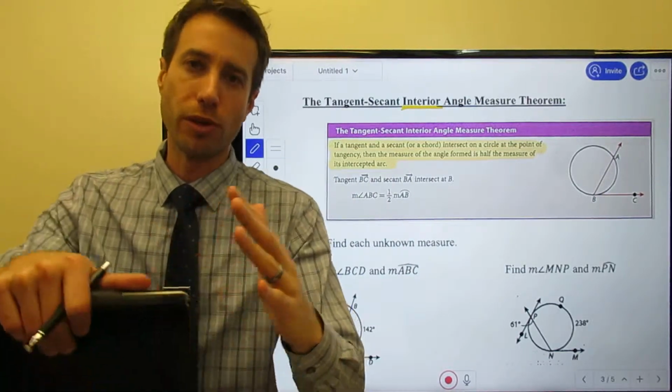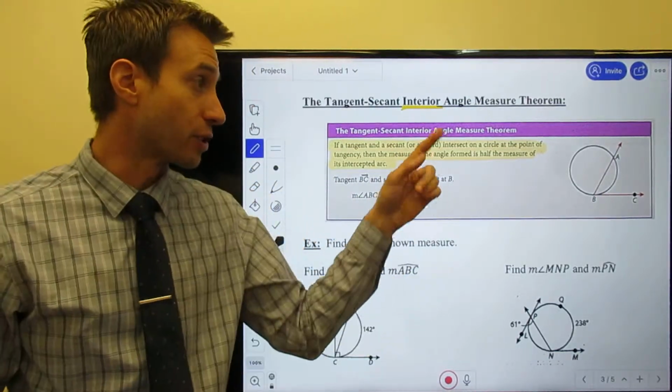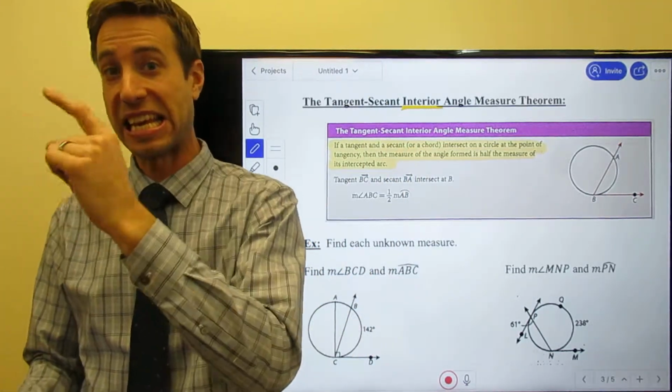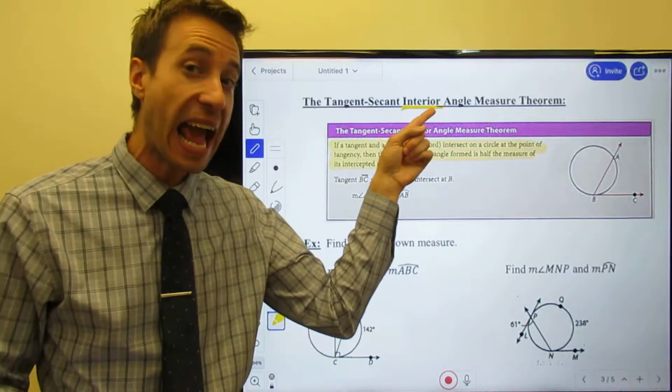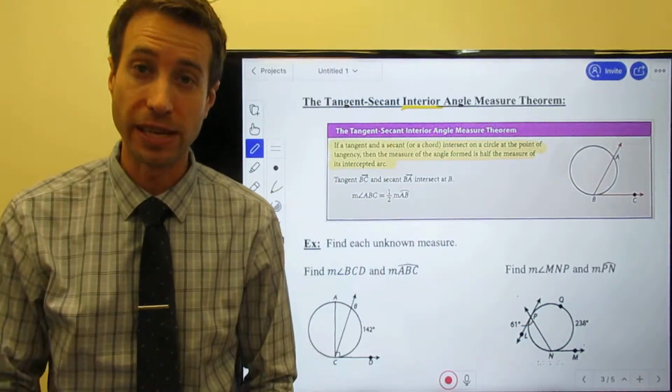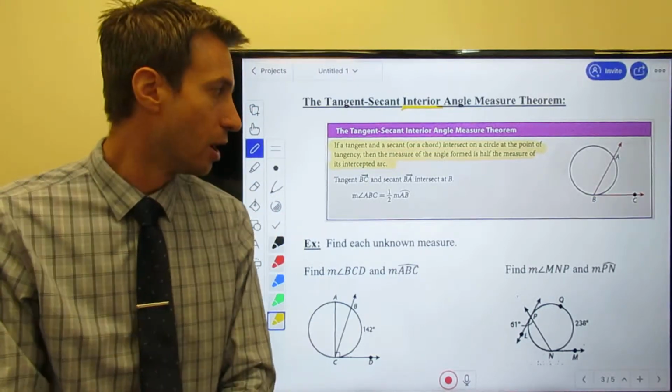The difference is this: for this one you'll be finding an interior angle, an angle inside the circle, versus in the next one, the tangent secant exterior, you'll be finding an angle measure on the exterior of the circle. That's how we'll tell these two apart.